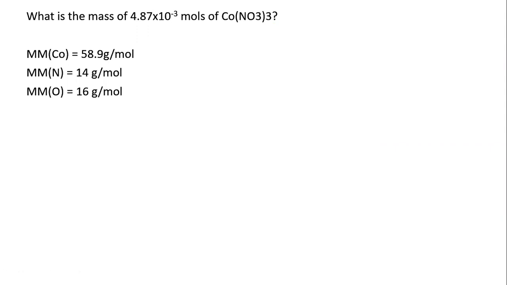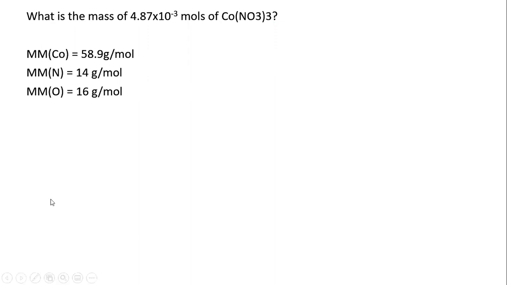So here we have a different approach to the problem. It says, what is the mass of 4.87 times 10 to the negative 3 moles of cobalt-3 nitrate? The reason I chose this problem is because we're going now from moles to mass, and we're going to see how we use these subscripts to calculate the molar mass of the compound.